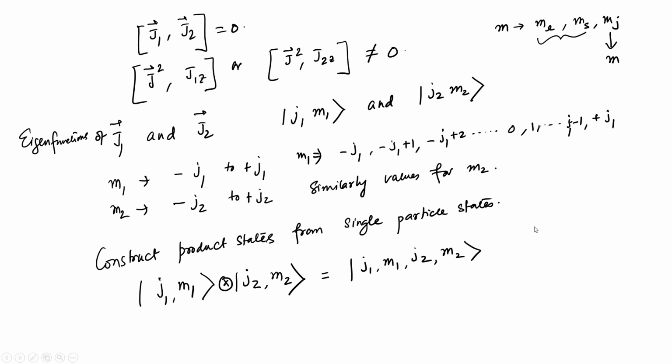So, what we have is the following: J1 square acting on J1 M1 will give us a value, and it is the same for the product state as well. This can be written for the complete composite state J1 M1 J2 M2, and this is equal to J1 into J1 plus 1 h cross square times J1 M1 J2 M2.